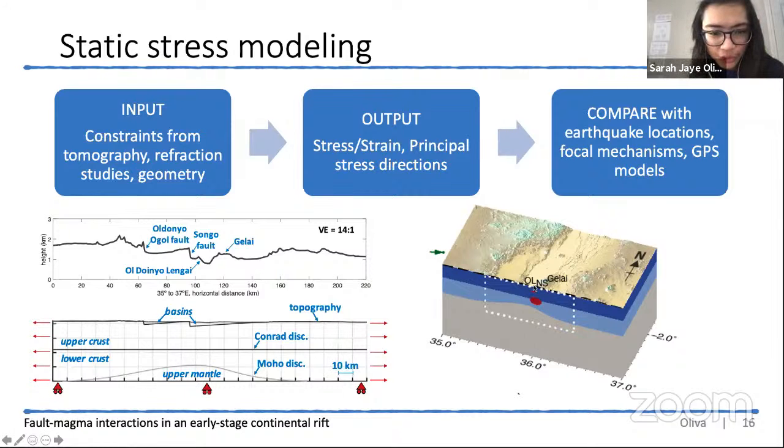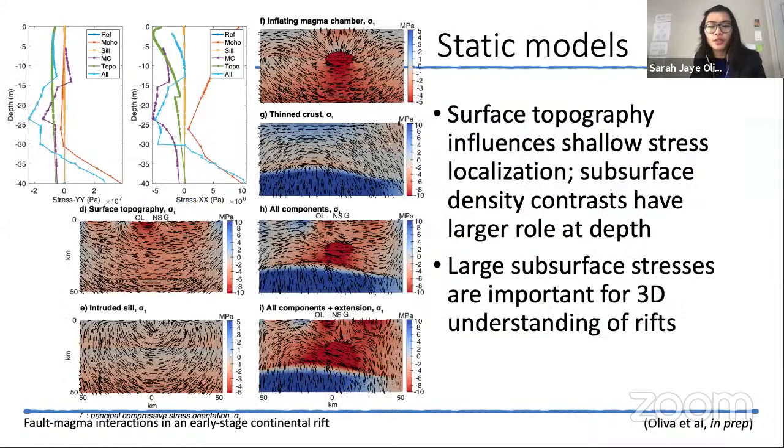The area of interest is this tiny area right in the middle where Oldonyo-Lengai and Galai appear. Below that, we also placed the lower crustal magma chamber that was imaged from the joint gravity seismic tomography inversion. The goal was to determine the relative contributions of different rift components to the stress or strain field.